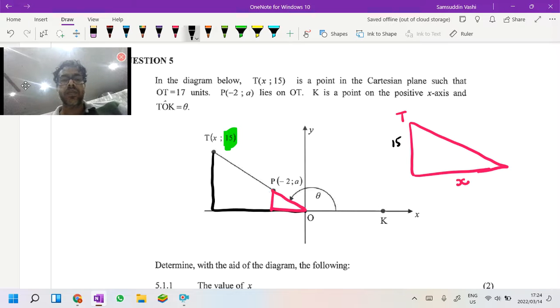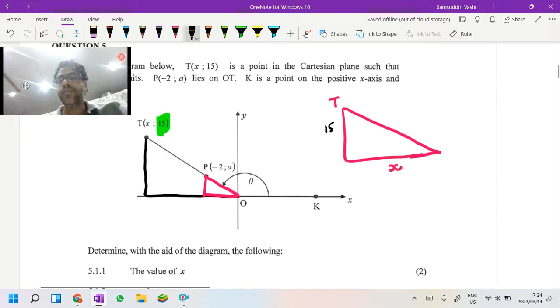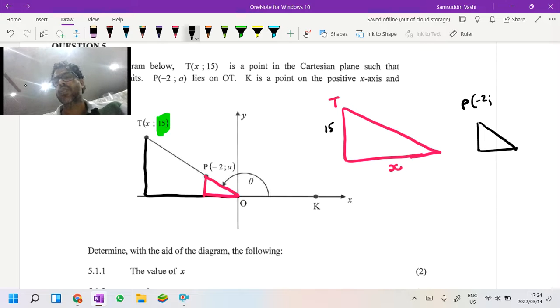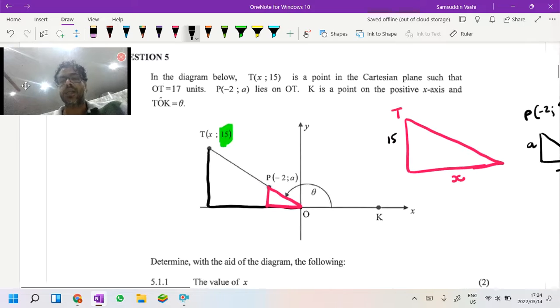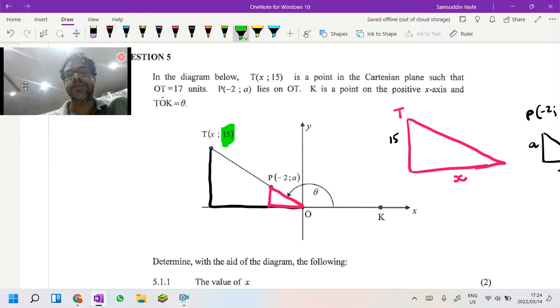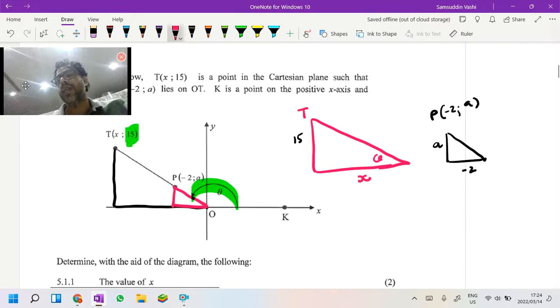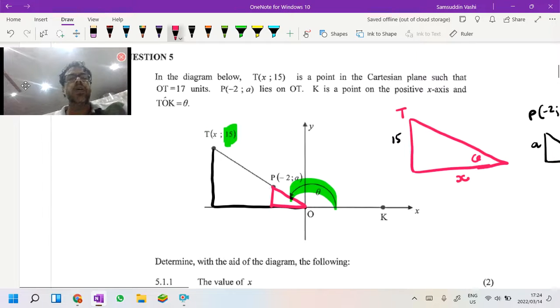Okay, so those are the 2 things I have about T. From point P, the values are -2 and a, so that means x value is -2, y value is a, by just looking at the diagram. Right? So that obtuse angle theta, I can write it inside the triangle now. It's not going to change any value. It just indicates the sign, positive or negative.